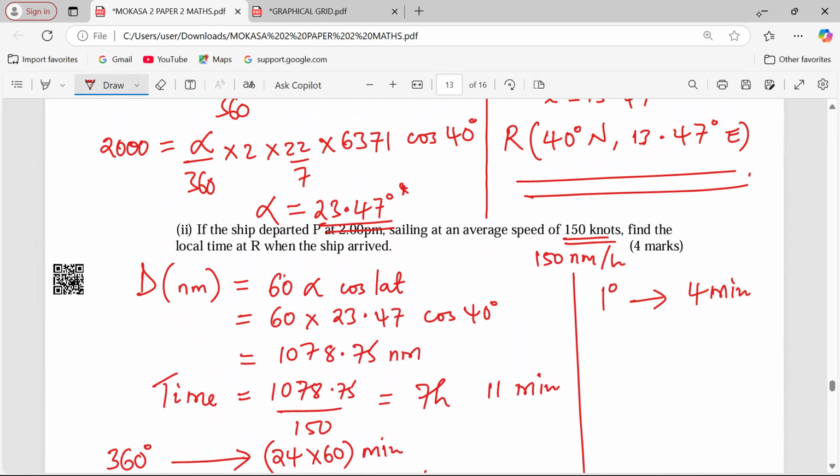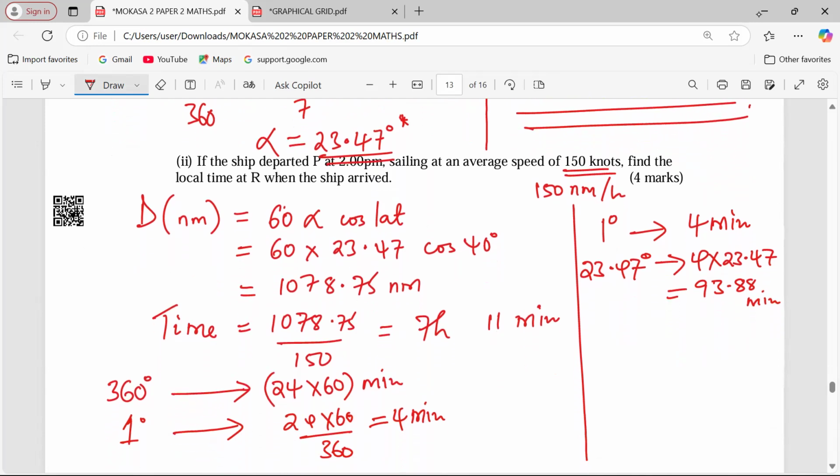What about 23.47 degrees? To be 4 times 23.47. This gives us 93.88 minutes. So if these are minutes, then we can make them hours.